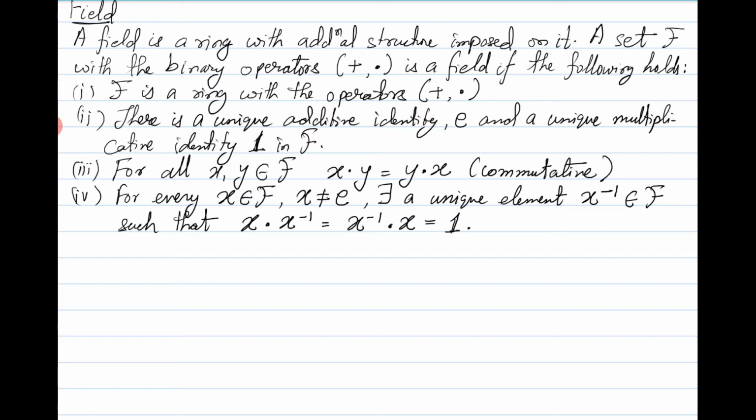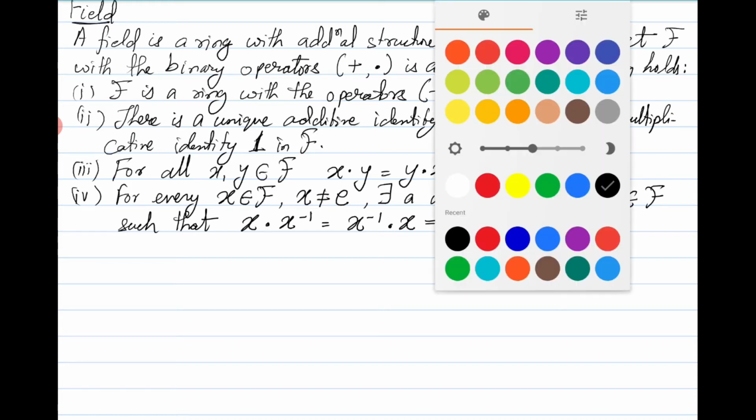Barring the additive identity element, for whatever elements are there in the set F, you should have a unique element which we denote by x inverse, such that the product of x and x inverse, or of x inverse and x, both result in the multiplicative identity element, which we represent as the double-struck one.